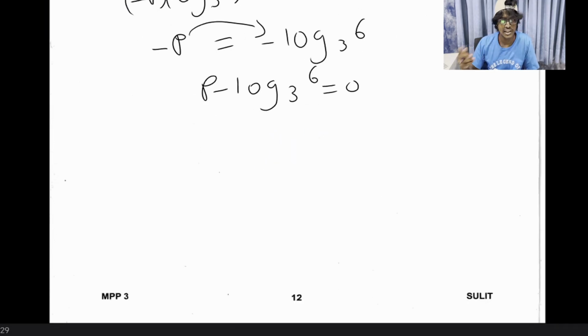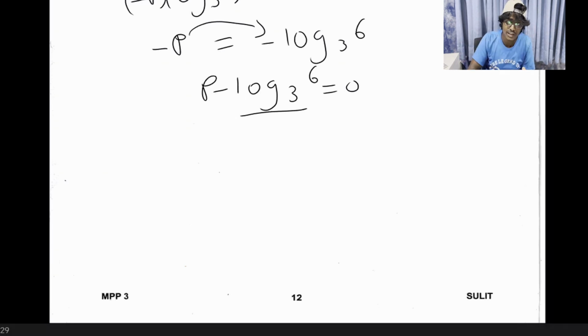So you might think that this is over. No, we can still make it simpler. You see this log 6, right? As I've said in a previous video on my TikTok, when a logarithm is together, we want to separate it, and when it's separated, we want to put it together.